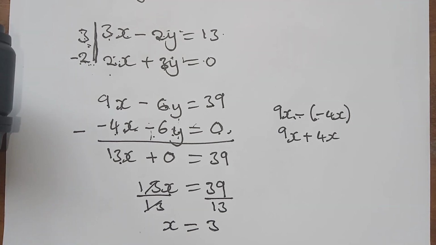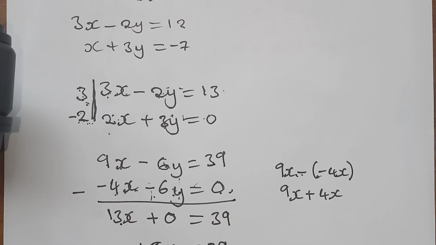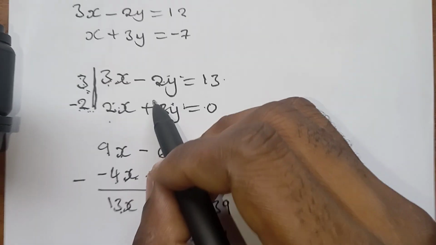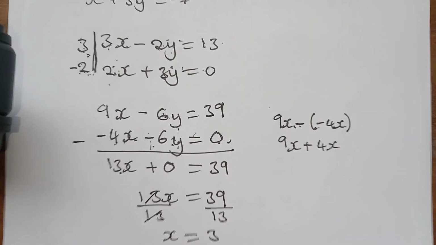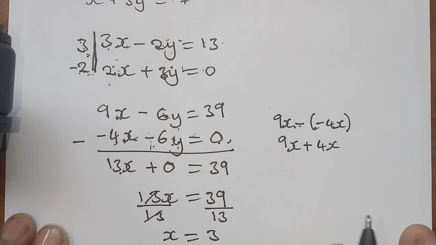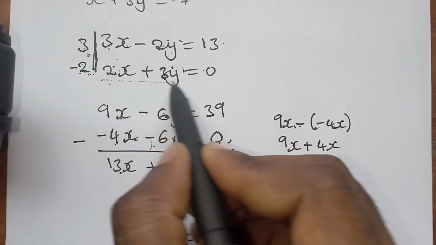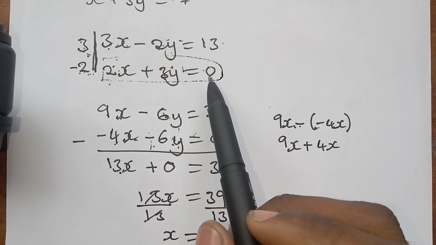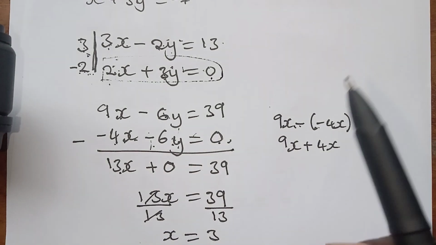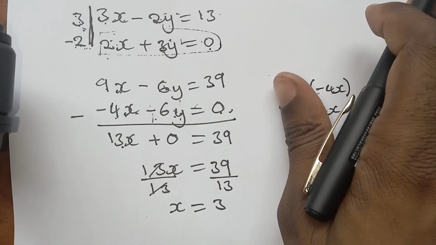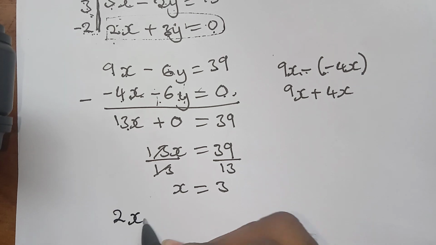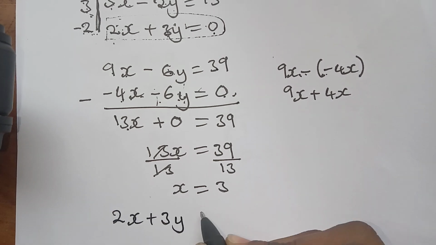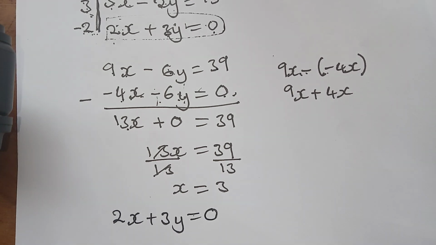So now that you have solved for x, you need to solve for y now. You can just pick any of these 2 equations, whichever is easier for you, make use of it. For me, I think the second equation is easier because we have a 0 there. So you can say 2x plus 3y is equal to 0.